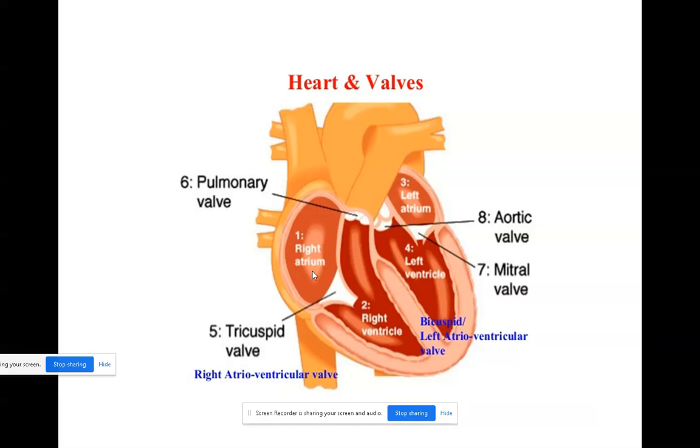After getting the blood from all the parts of the body, how will it look? It will look like an air-filled balloon. So imagine it is similar to a balloon, empty and air-filled. Before receiving the blood from all the parts of the body, your atrium will look like an empty balloon, and after receiving the blood it will look like an air-filled balloon.